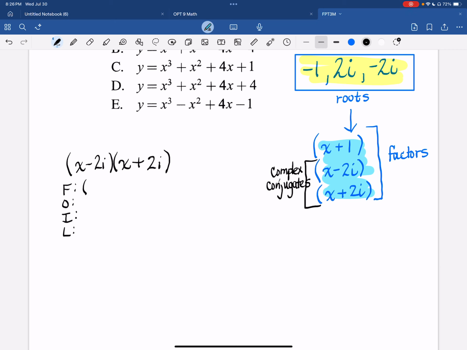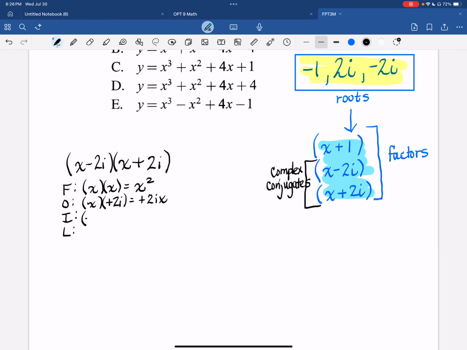So first terms would be x times x, and that's x squared. Outside terms would be x times positive 2i. So that's going to be positive 2ix.